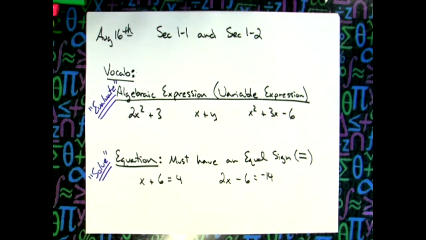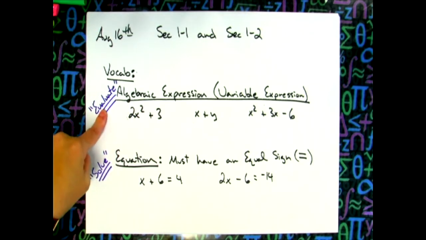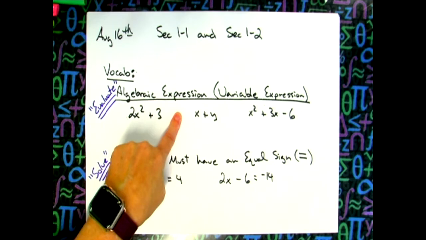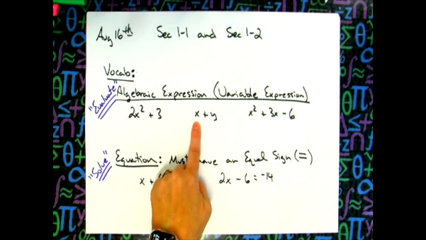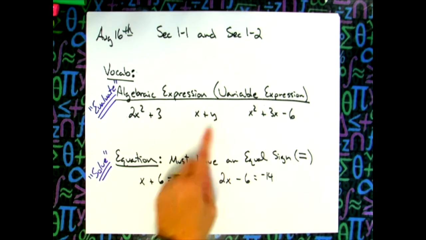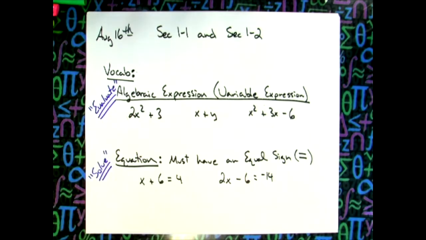You're going to have to be able to read directions and then know what the directions tell you to do. We evaluate algebraic expressions if they tell us what the variables are. If they tell me that x is 2 and y is 3, then I can evaluate that algebraic expression, plug them in and add them up.